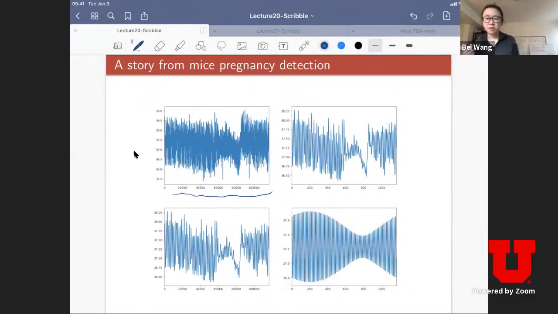Again, remember I said there's a scalability issue if I have too long a signal and want to apply the persistent homology tool. I want to reduce the size while preserving the signal. So you can subsample and you get the picture on the upper right corner, which still captures roughly the behavior of the temperature data.